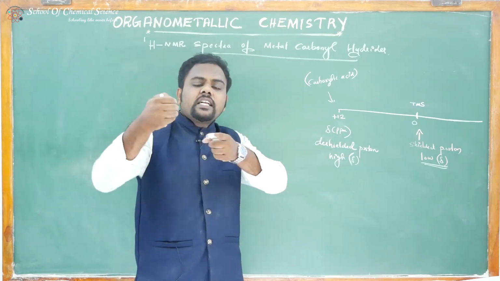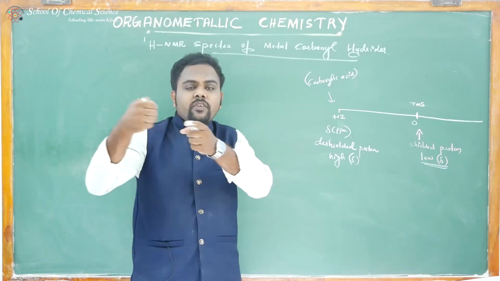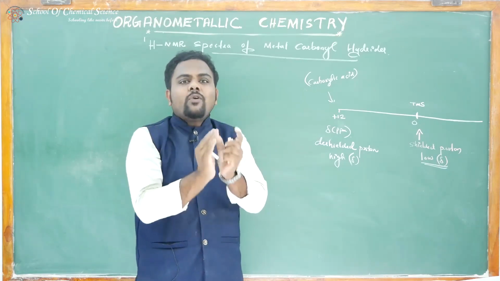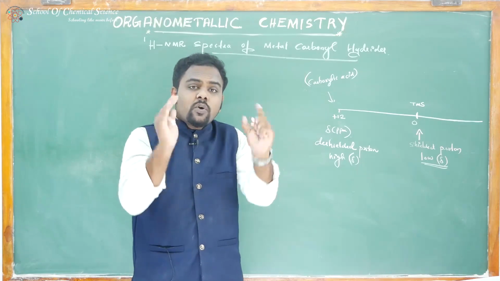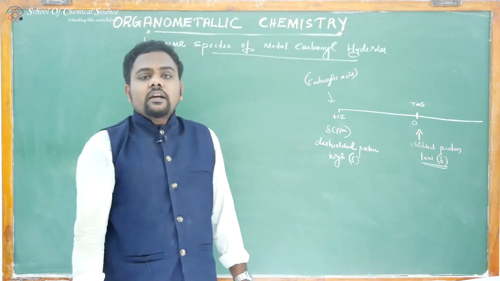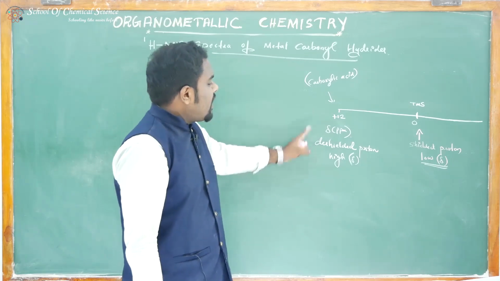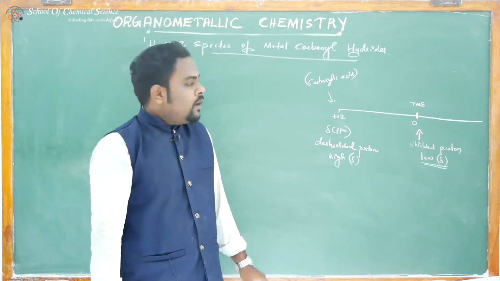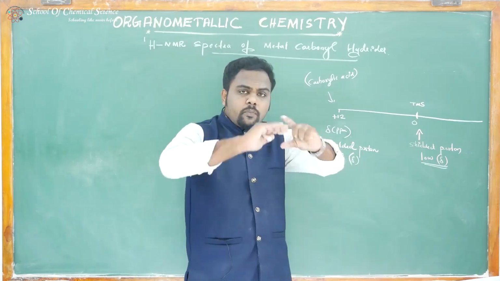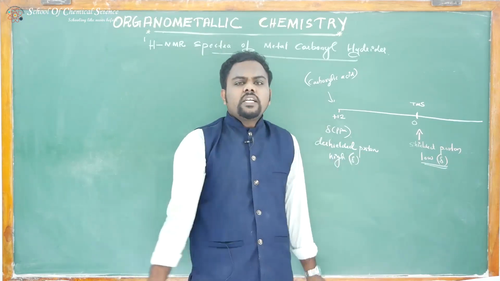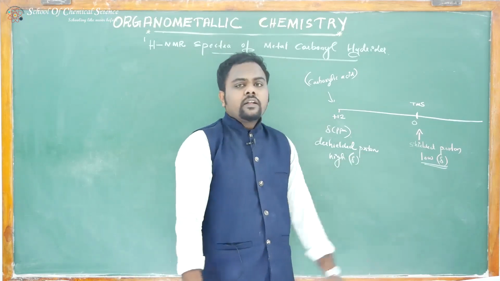Oxygen is an electron withdrawing group that withdraws the electron density surrounding hydrogen. So the proton in carboxylic acid is de-shielded, with a high delta value. At the same time, if the proton is surrounded by electron density, it is shielded and has a low delta.